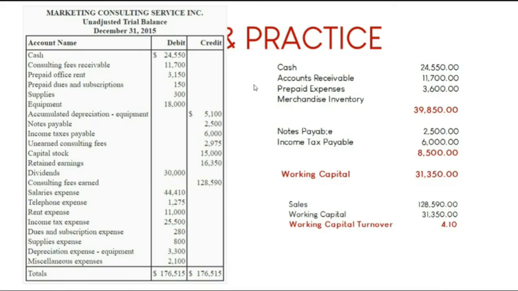Are there questions with the activity ratios and this working capital turnover? Sir, I have po. Yung meaning po, parang exact definition po ng working assets po.